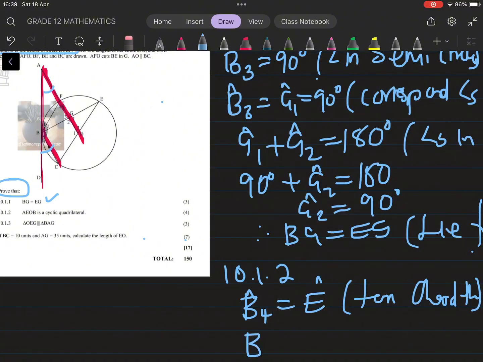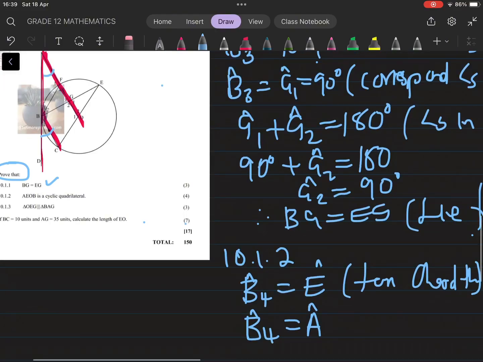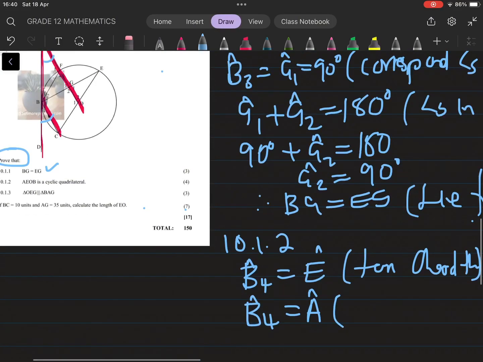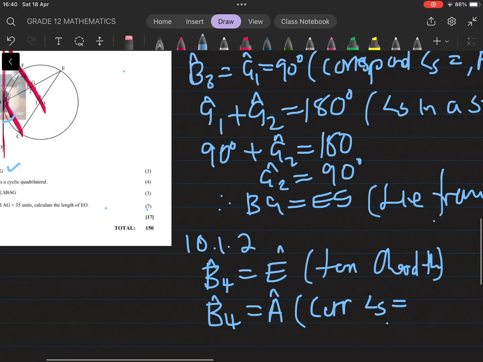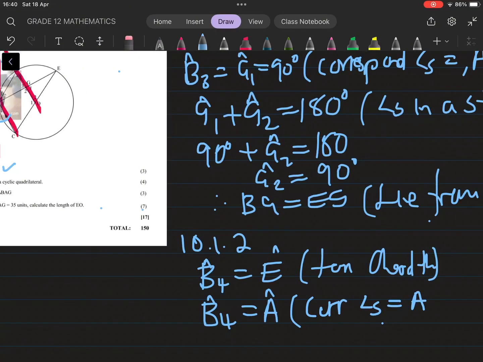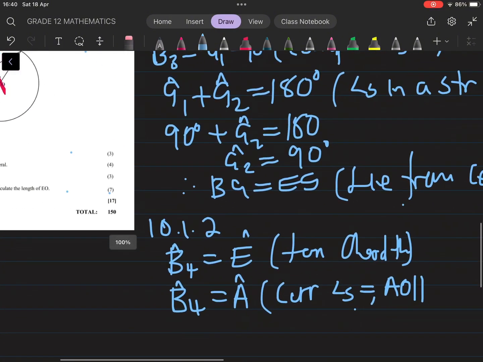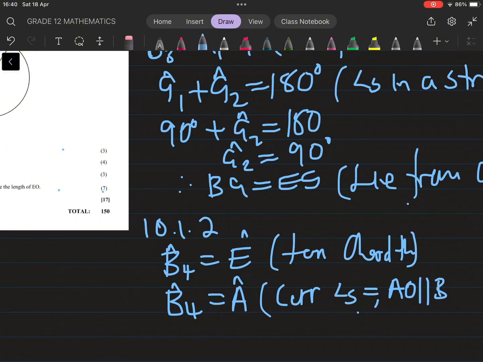We have B4 equal to angle A. Reason: corresponding angles are equal. Let me write it down for you. Corresponding angles are equal. And then we have parallel line AO parallel to BC.